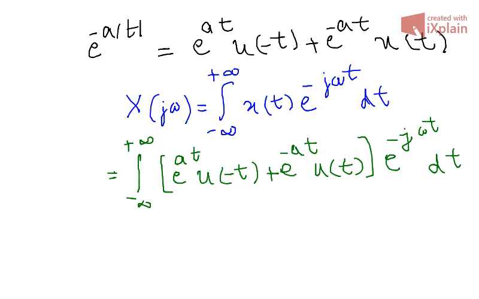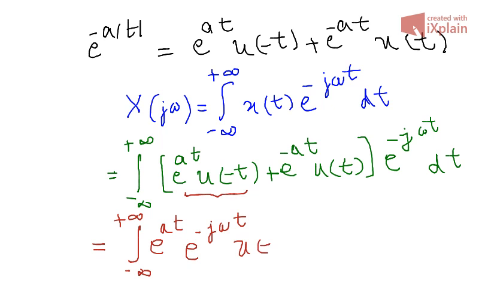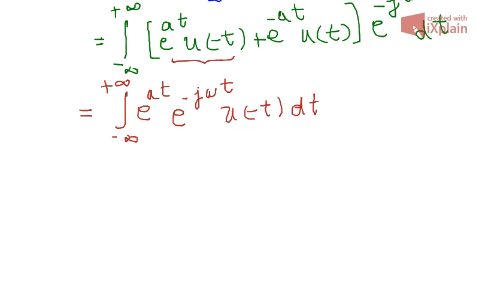If you observe closely these integrals, the exponential would multiply with this one, right? So let's do it. Minus infinity to plus infinity e raised to the power a times t and e raised to the power minus j omega t u of minus t dt. You have one integral, and then we would have a second integral, which I can write as a summation.